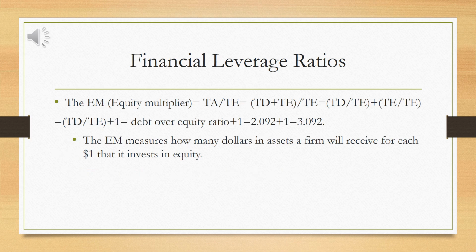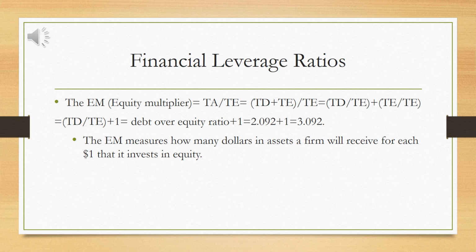The equity multiplier equals total assets over total equity. Since total assets can be written as total debt plus total equity, the equity multiplier can be written as total debt plus total equity over total equity, which is total debt over total equity plus total equity over total equity, which is total debt over total equity plus 1.